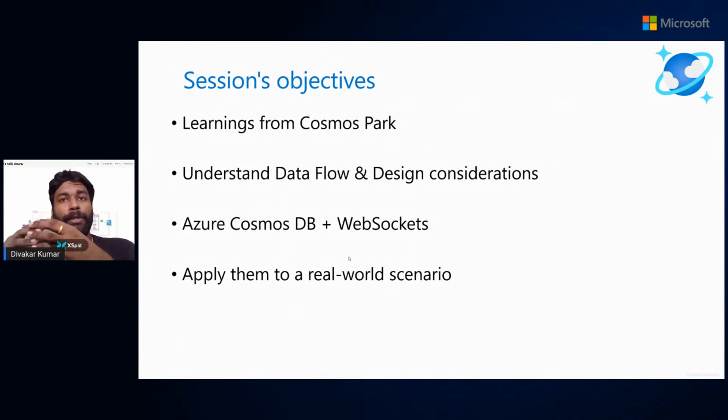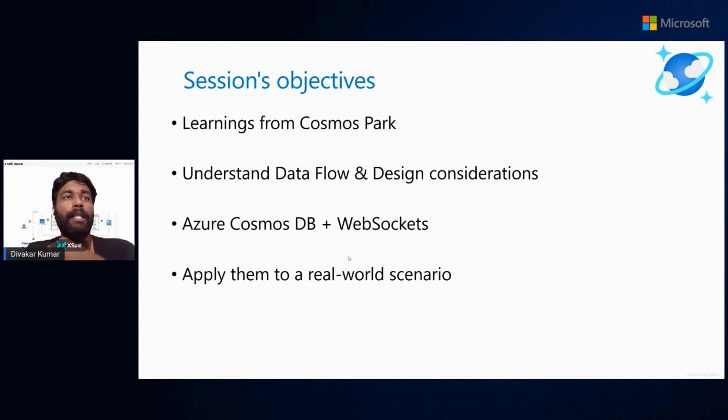The main objective of this session is that I had a lot of learnings while building this Cosmos Spark application, and I'm going to share those learnings with you as well. I want to make sure you understand the data flow between these different Azure components within this application, and a few examples of design considerations: how to choose the right partition key and how you can make use of the change feed in order to do that.